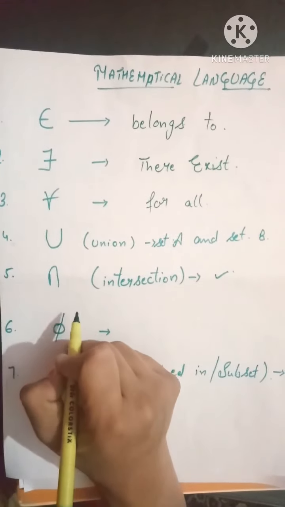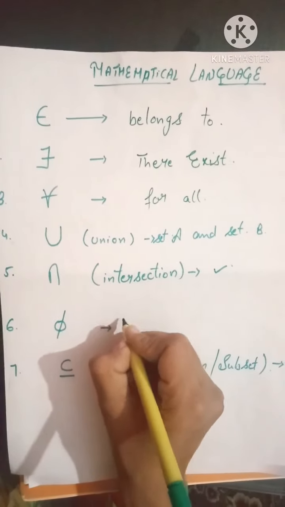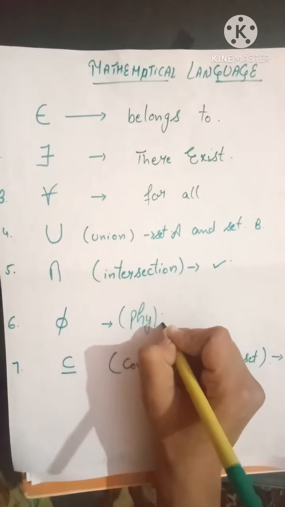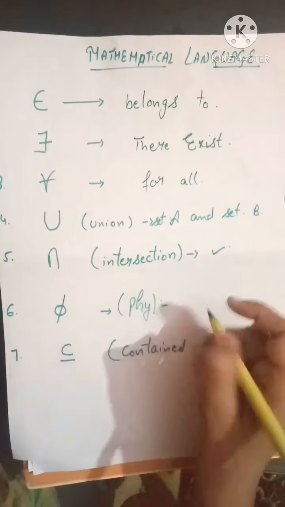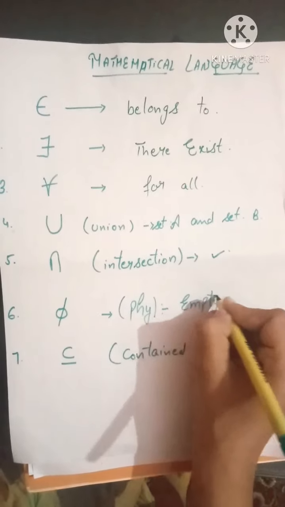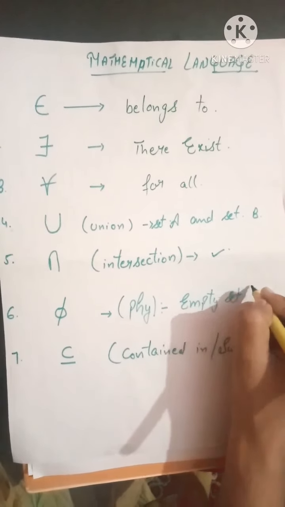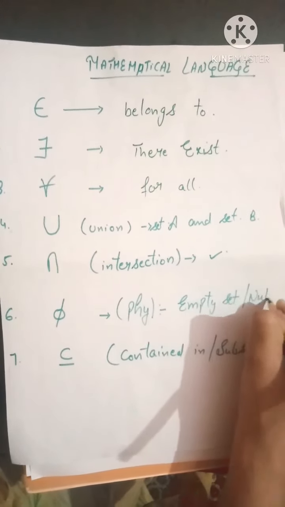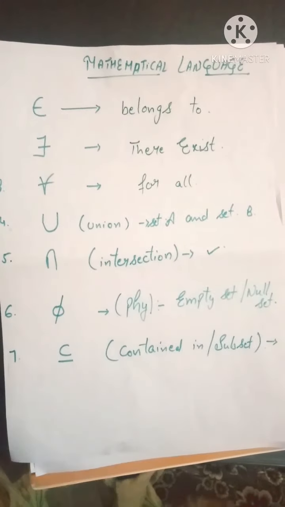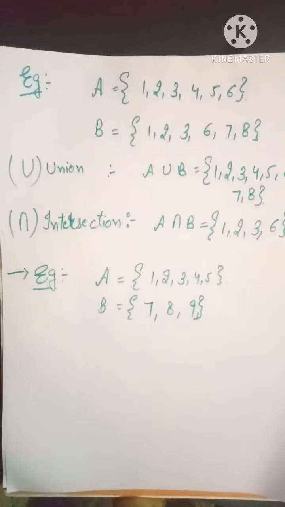Next I have the symbol phi. The symbol is called phi, and this symbol represents the empty set or null set. Let's take an example of this.